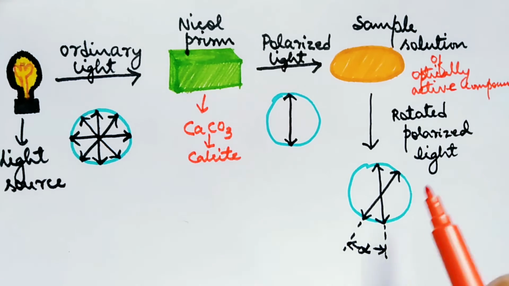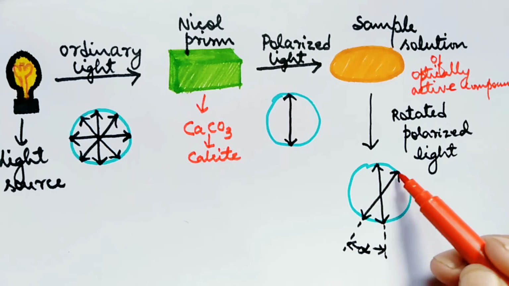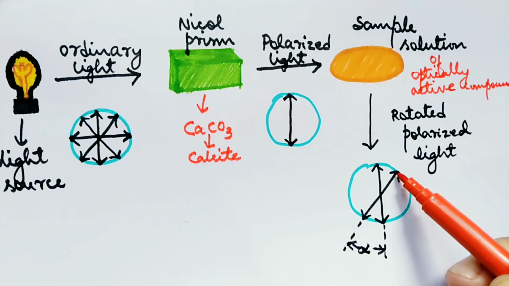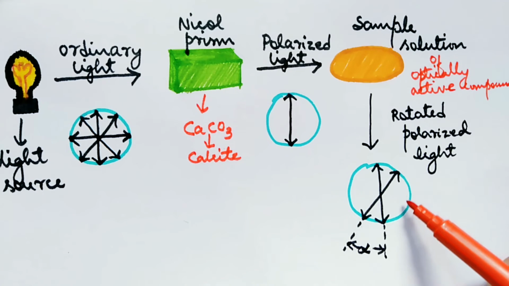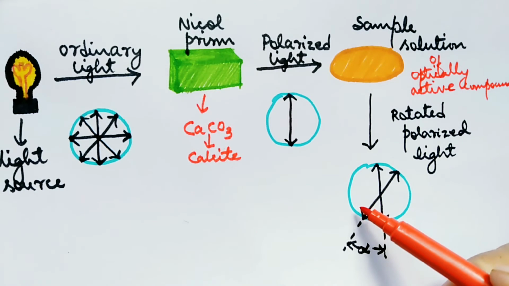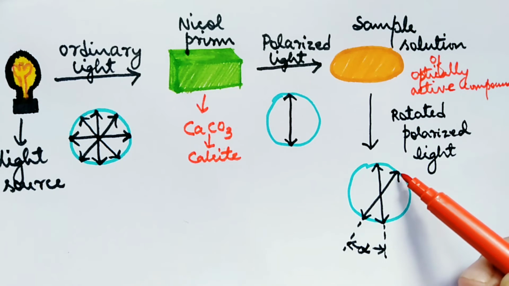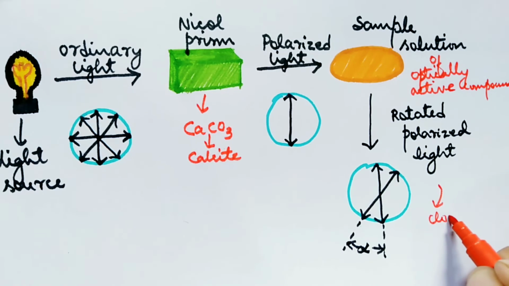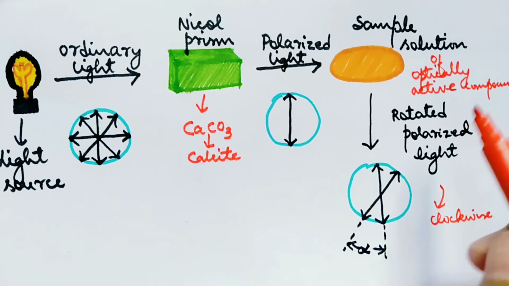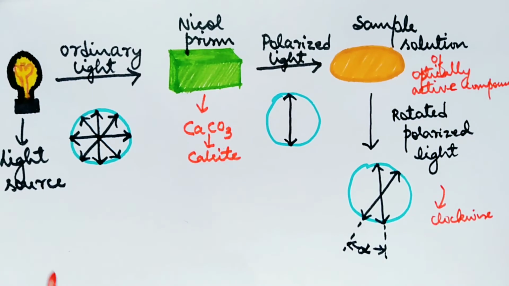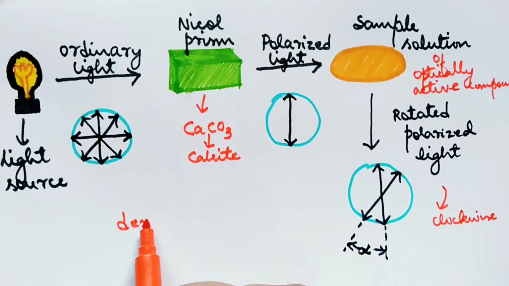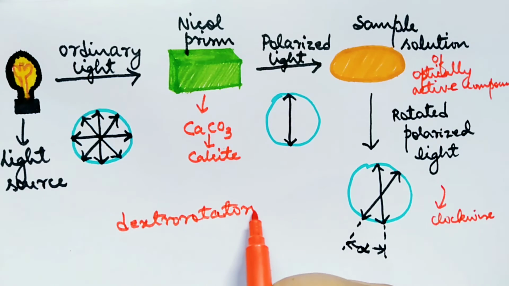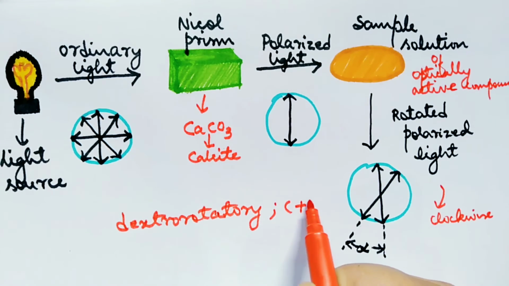Now what happened? Through a polarimeter, you will see that the arrow either moves in the clockwise direction or in the anti-clockwise direction. If you see that the arrow rotates in the clockwise direction, then that optically active compound is known as dextrorotatory, and we indicate that by this plus sign.